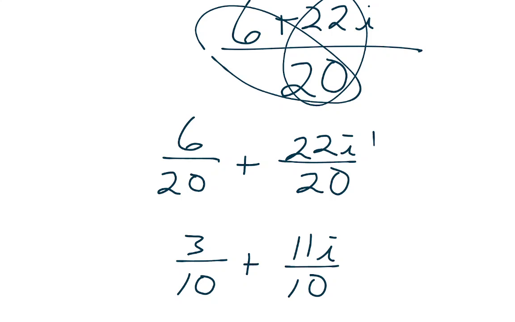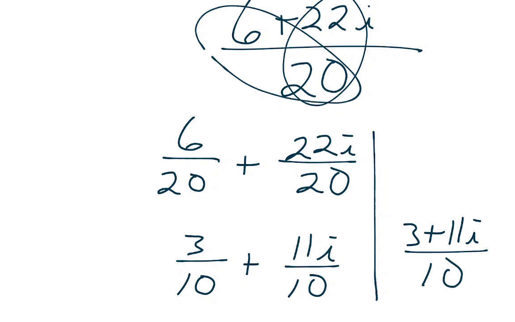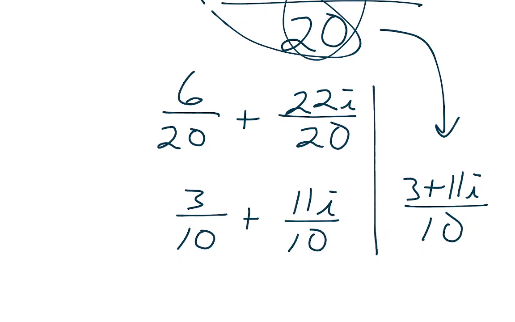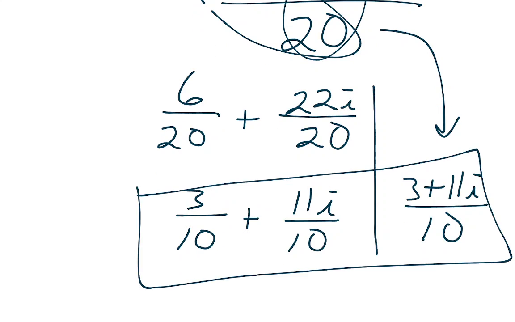The other thing that's true is that I could have just simplified these numbers without splitting it, without doing a heart method. I could have just kept it as one fraction. So I still get 3, I still get plus, I still get 11i, and they're all divided by 10. Both these answers down here would be right.